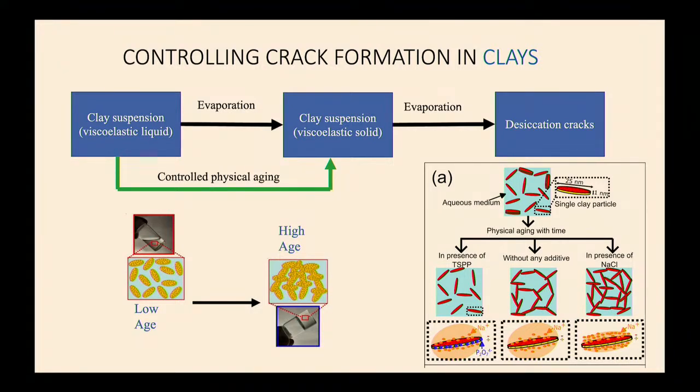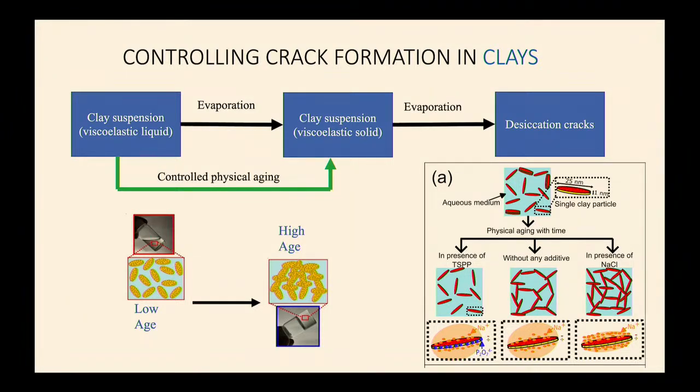And how have we changed the aging behavior of the clays? It's very simple. We've changed the interparticle interactions, and because these are charge stabilized colloids, it's very easy to change the interparticle interactions and you can completely stop the aging process. So when this happens, you've reached what is called a state of kinetic arrest. Now you can just add a little bit of a compound that I'll tell you about, and you can completely melt that kinetically arrested phase.